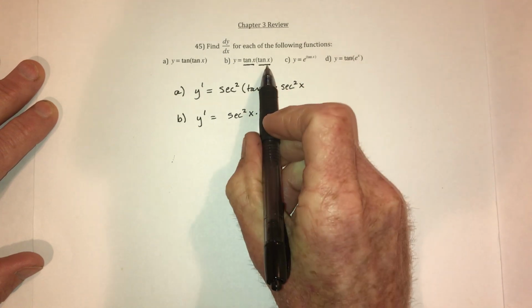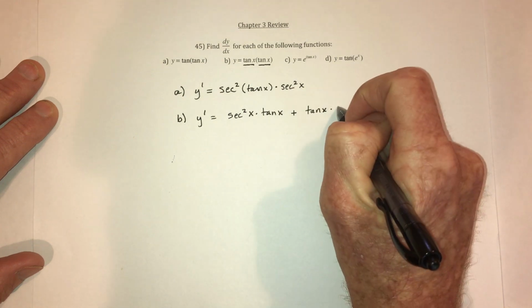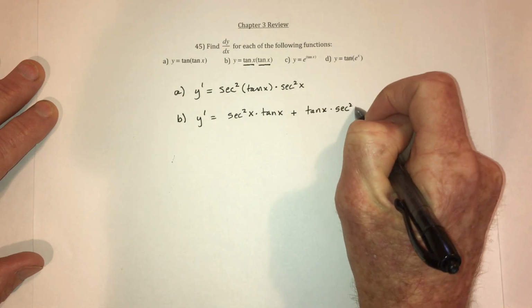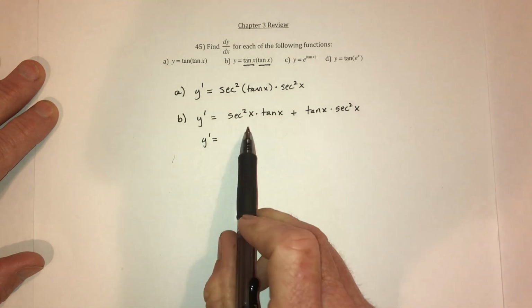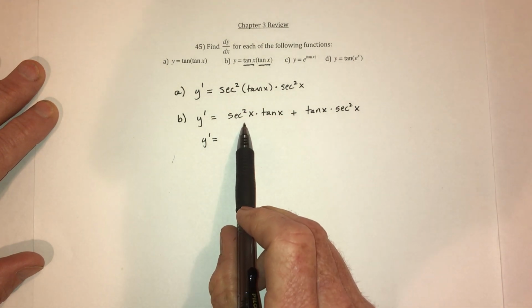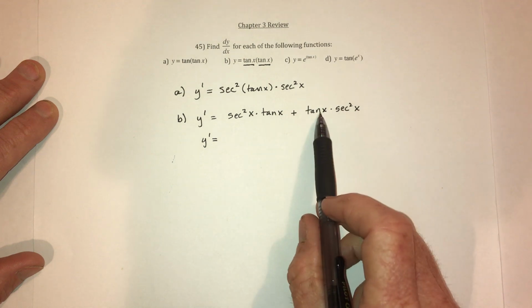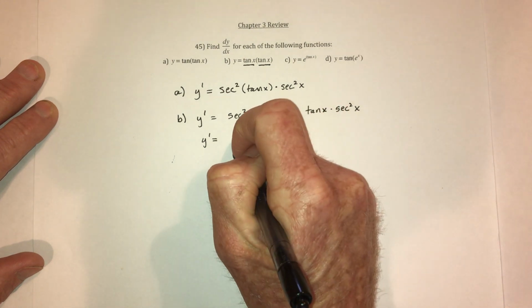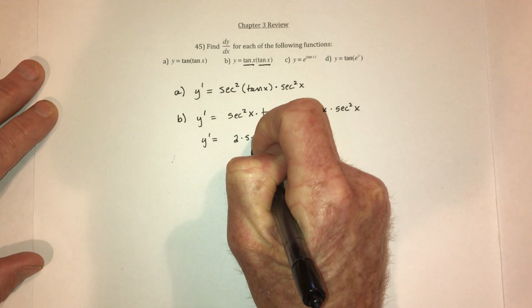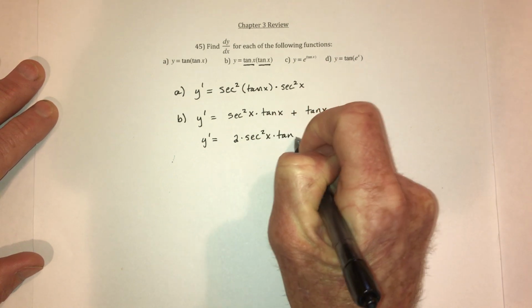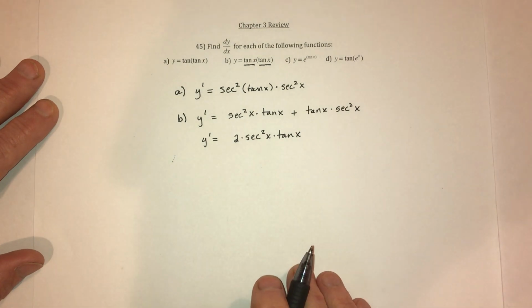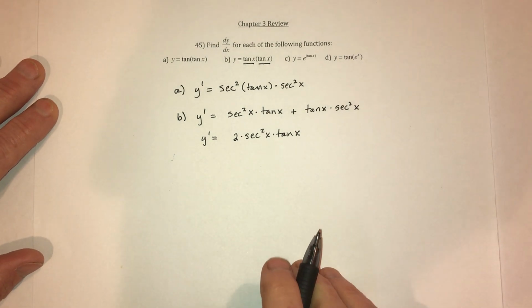And now take the derivative of this tangent, which is secant squared. And then this one can be simplified because this is saying secant squared times tangent plus another one that's exactly the same. That means that there's two of them that are secant squared times tangent. And part B is done.